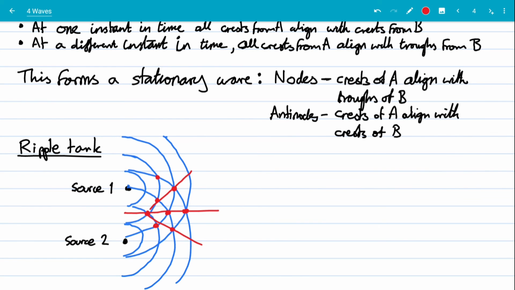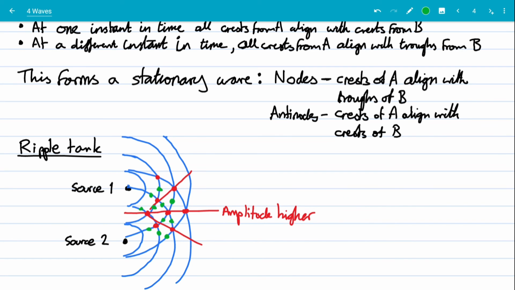We can say that these would be where the amplitude is highest. Amplitude higher. Because of superposition, we're adding those amplitudes together. But we also have interesting points like this one here, and this one here. And we've got other points like this one here, and this one here. Now what I'm doing with these dots is I'm drawing points where we have a crest from one of the waves, from source 2 or 1, and a trough, in other words, exactly halfway between the crests, for the other one, source 1 or 2.